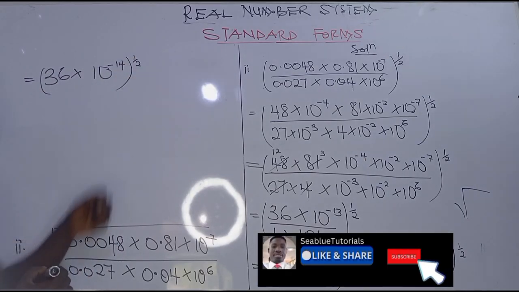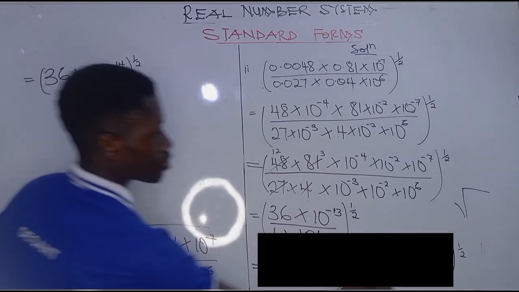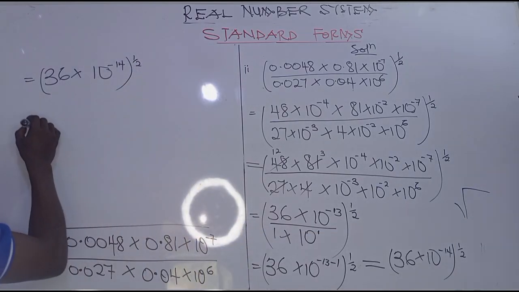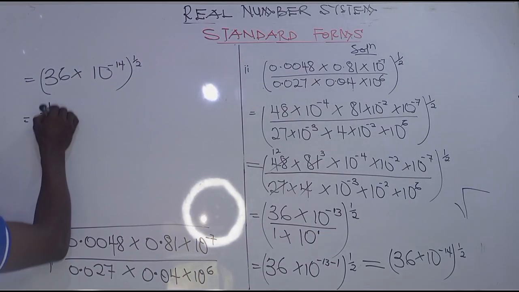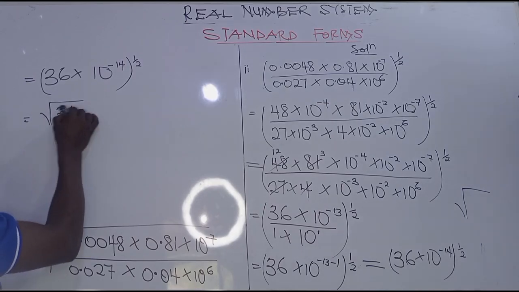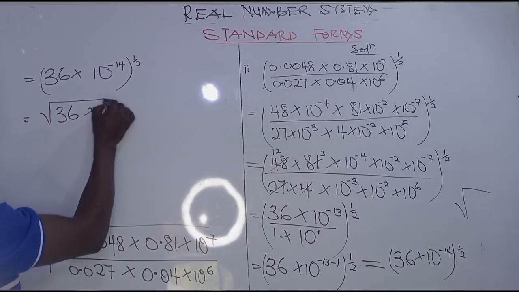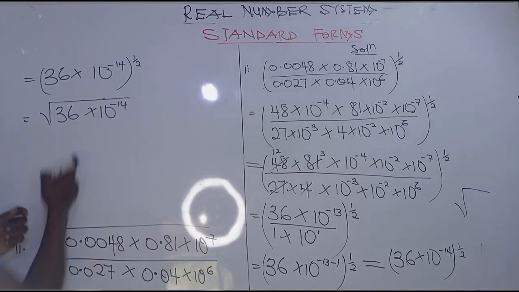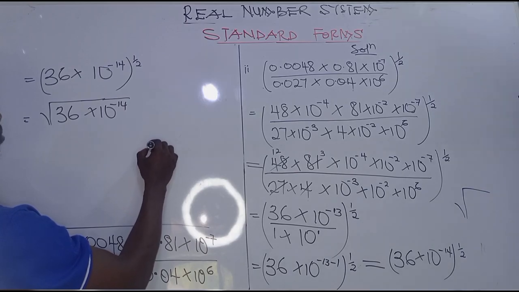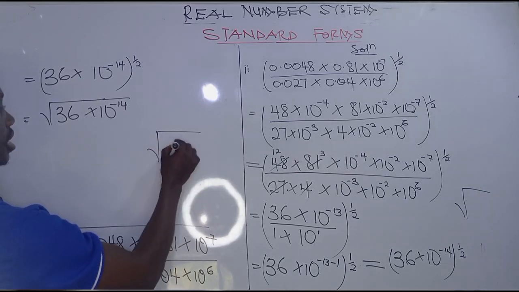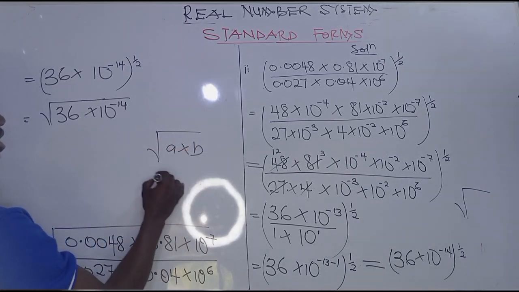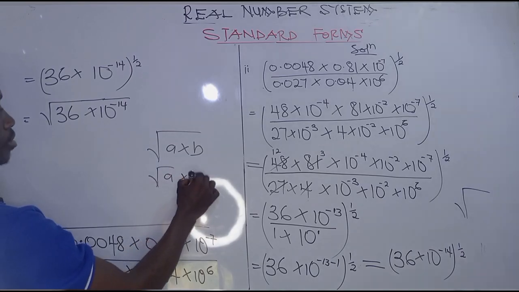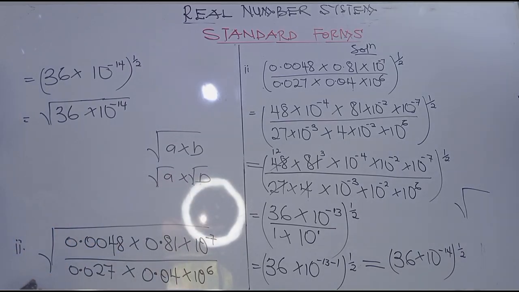So I said that the half is the same as the root sign. So you can write it as root of 36 times 10 raised to the power negative 14. And we know that this is the same as when you have, let's say, root of a times b is the same as root of a times root of b.